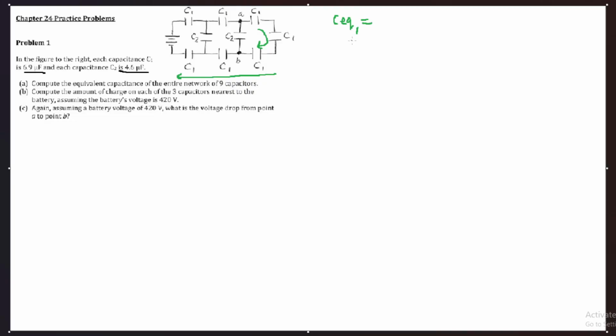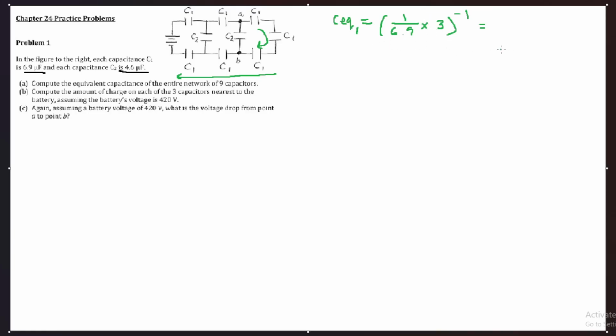CEQ1 is equal to, so let's just work this out. It's going to be 1 over 6.9, and there's 3 of them, so this essentially just times 3 to the negative 1, because it's the inverse. So CEQ1 equals 1 over 6.9 plus 1 over 6.9 plus 1 over 6.9.